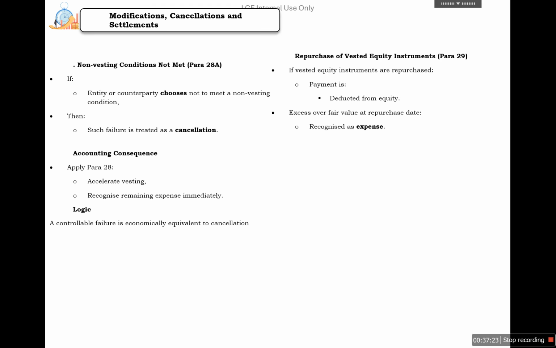In case of repurchase of a vested equity instrument, it is deducted from equity, and whatever excess we have paid, we need to book as an expense. So the buyback hits the equity, and the excess paid hits the P&L.